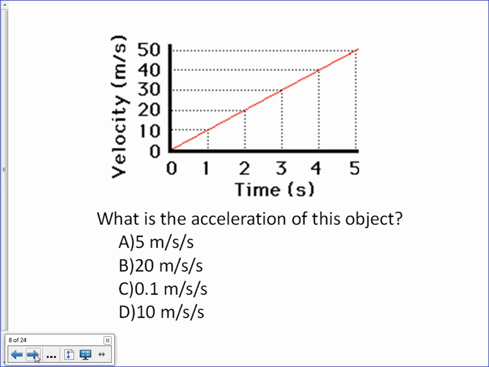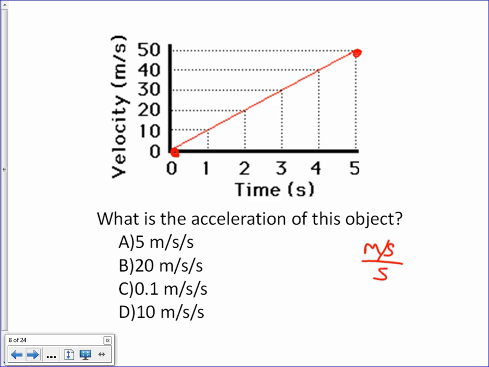So it's acceleration. Let's see, that was meters per second divided by seconds. So again, it's the slope, y over x. So we can just pick a couple points, 0, 0, 5, 50. So let's see, we want meters per second divided by seconds, or y over x. So we've gone from 0 to 50.